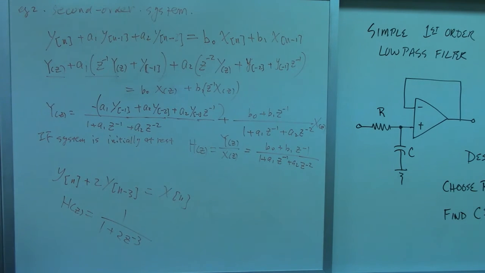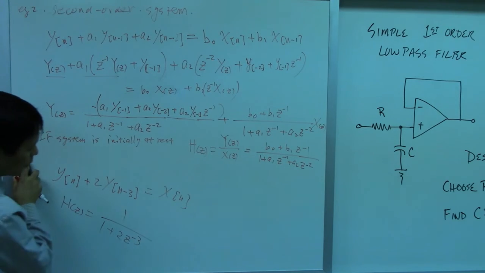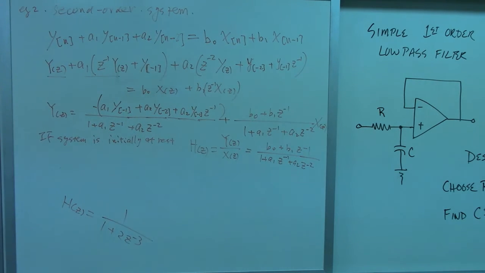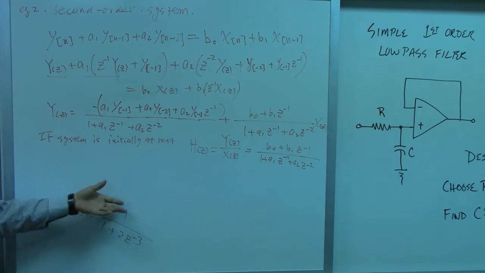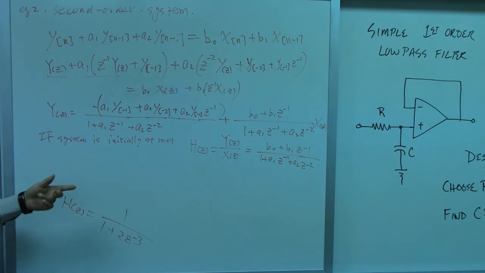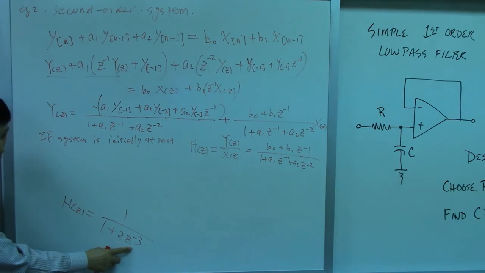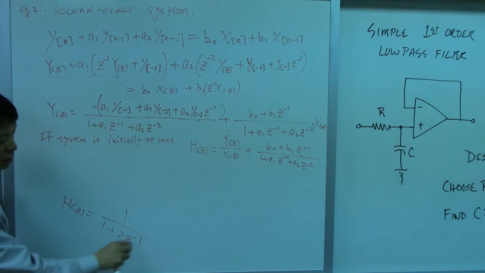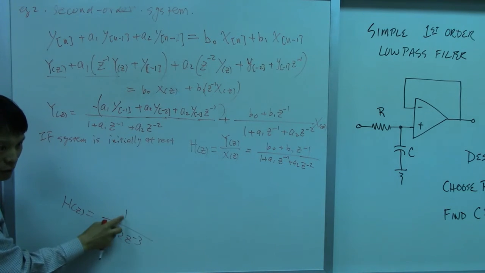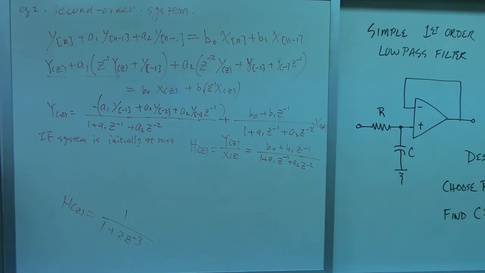Now go back. I'll give you this one. Can you write out the difference equation? We know it's already here, but it's gone. You still memorize, right? So that means this one is y[n] plus 2 y[n minus 3] equals x[n].